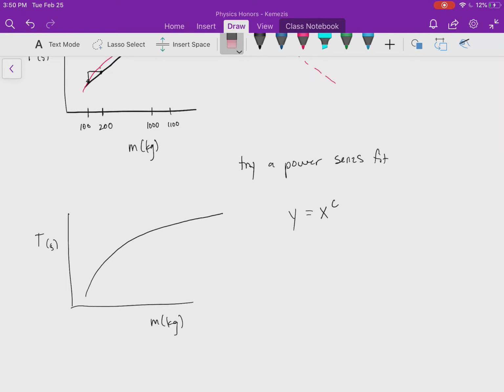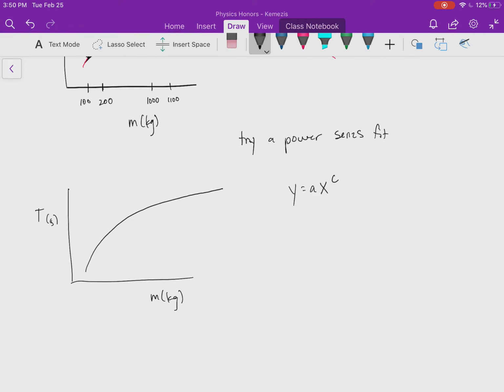So here, y is equal to some, I forget the variables that they use, but it's like a x to the c. When you fit your data, you're going to see that y is equal to some value x raised to some number that is really close to 0.5. I saw some 0.49s, I saw some 0.504s.